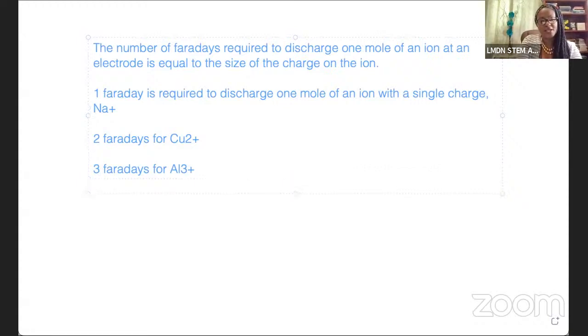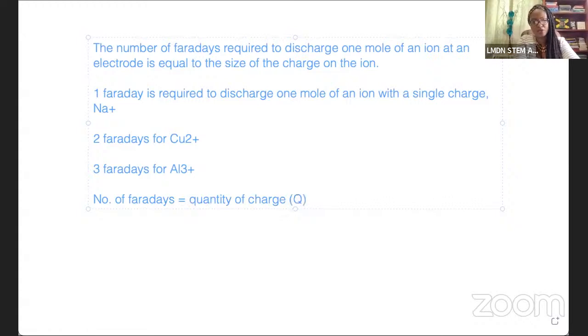So we can actually calculate the number of Faradays. The number of Faradays is equal to the quantity of charge that you get. When you do a calculation, Q is equal to I times T, you get your quantity of charge.